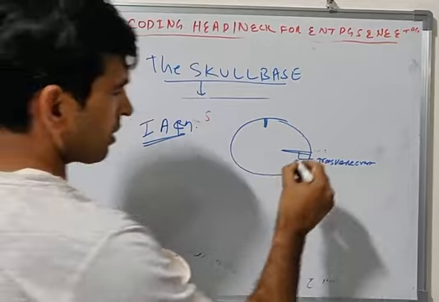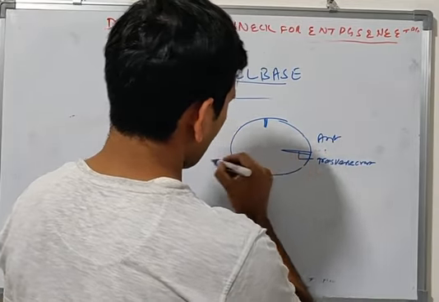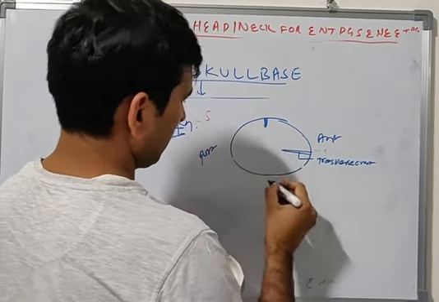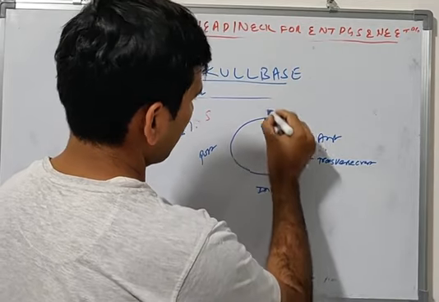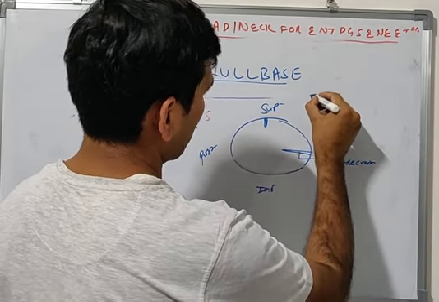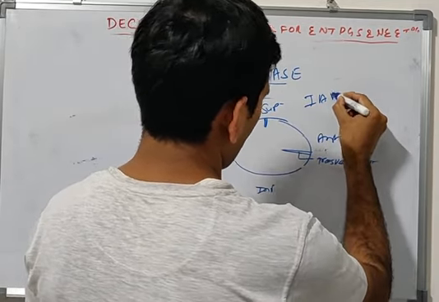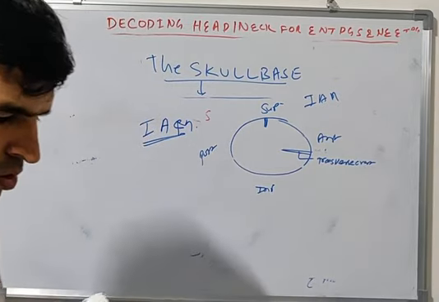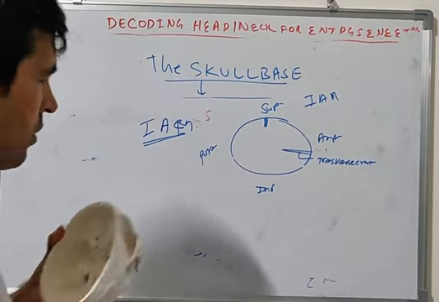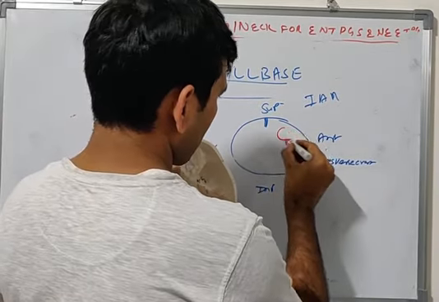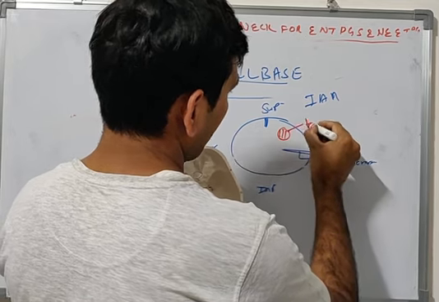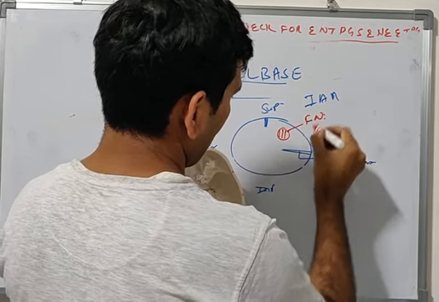So this is anterior, this is posterior, this is inferior, and this is superior of the internal acoustic meatus. The structures passing through this foramen: this is the facial nerve, anterior.